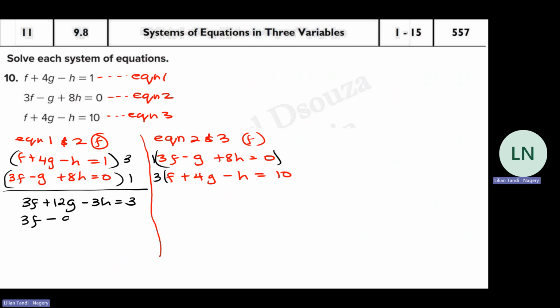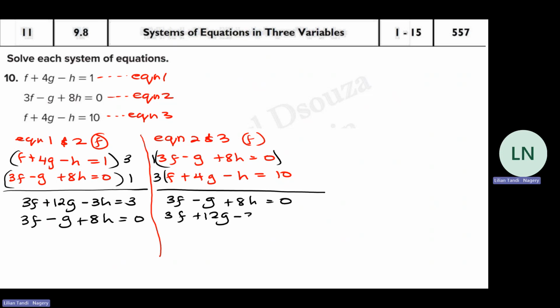3f minus g plus 8h equals 0. 3f plus 12g minus 3h equals 10. Okay, then I make my houses.